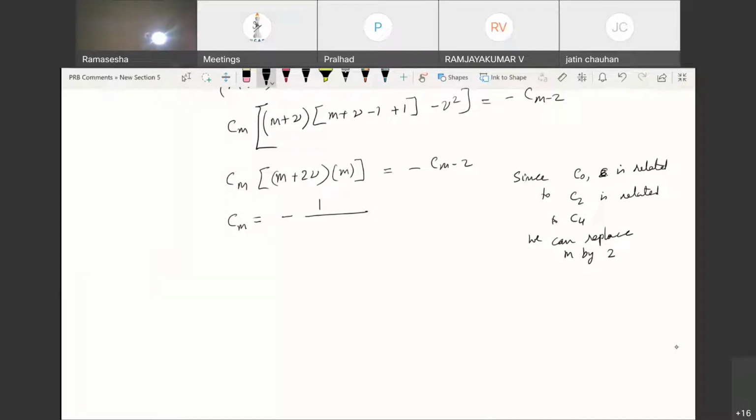So I can write C. So this is into m plus okay times 2m minus 3, or I get C is equal to minus C minus 2 divided by into m into m.